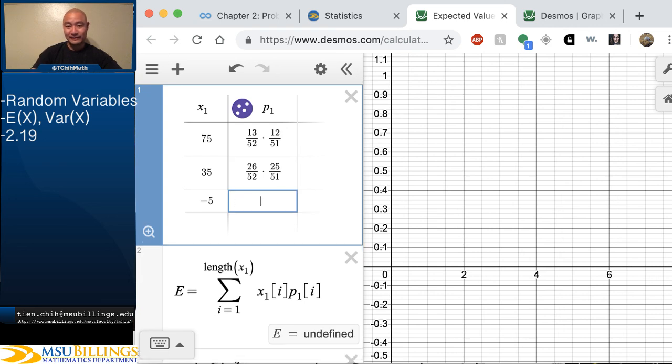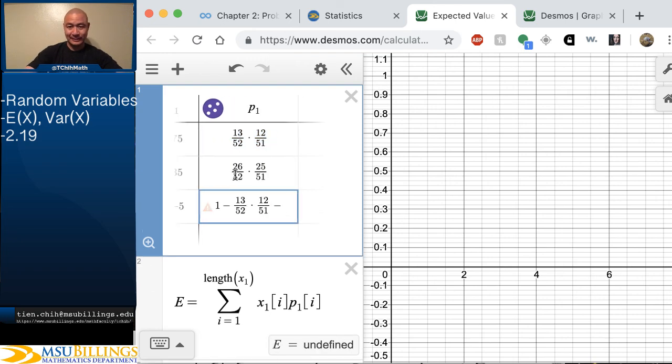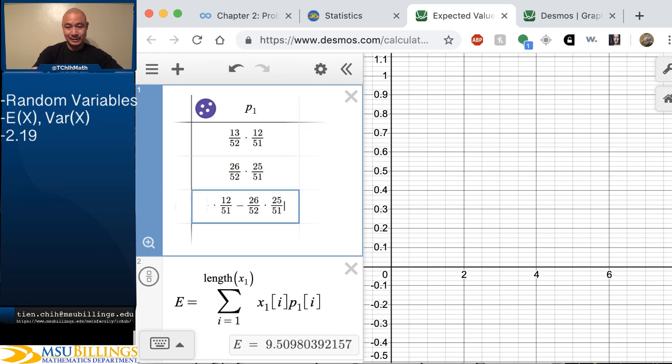And then the probability of getting not those events is, well, like we said, 1 minus the first thing minus the second thing. Yeah, there we go.